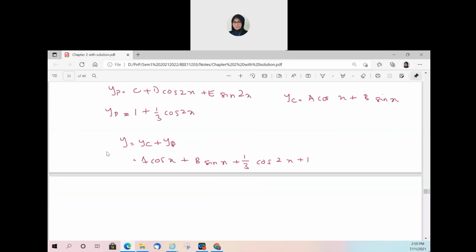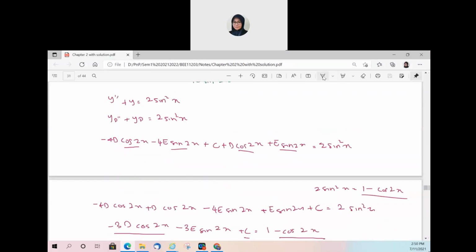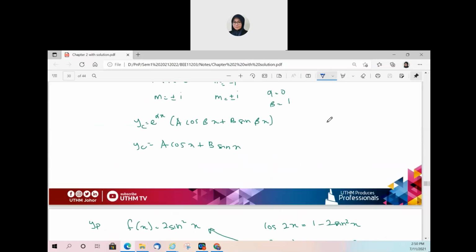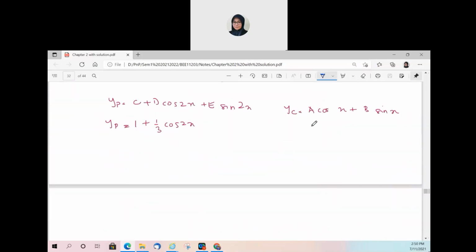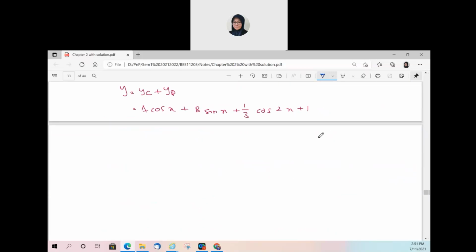Okay. So ini kita punya Y. So this is our Y. And we are given the initial condition here. Y0 equals to 2 and Y prime 0 equals to 1.